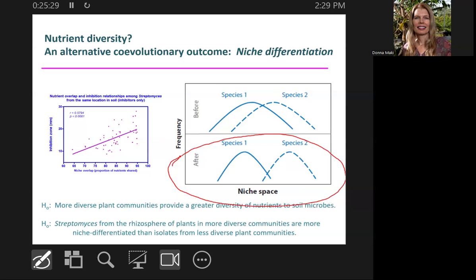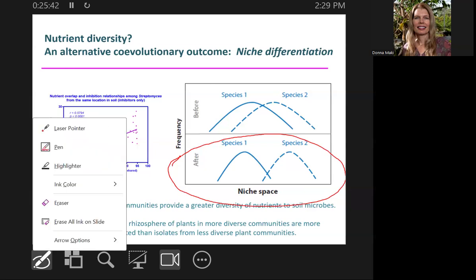And so if you have 16 different species of plants, all exuding a bunch of different chemicals that these bacteria can take and use, you can start to appreciate that you're going to get that differentiation occurring, and then they won't turn on their antibiotic production.